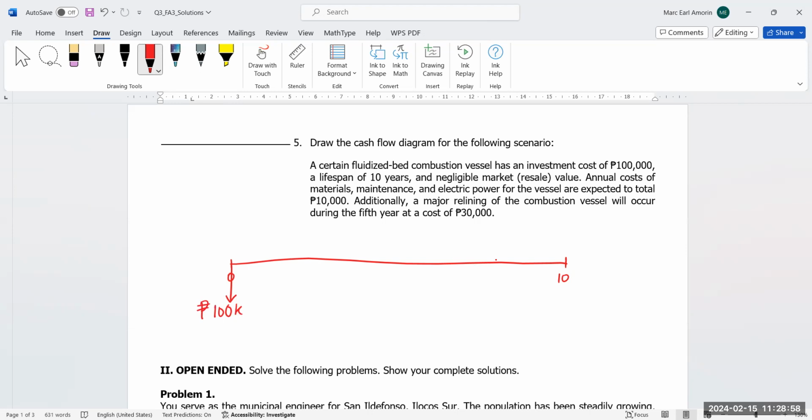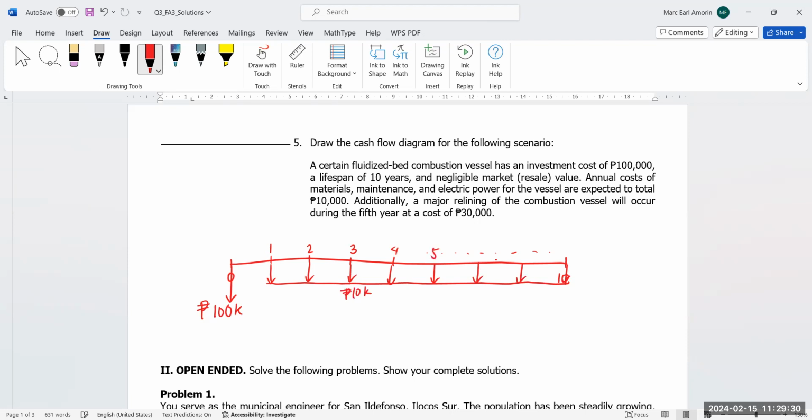Okay, and from year 1 up to year 10, so meron tayong annual cost na 10,000 pesos. Okay, so let me draw the arrows. So this is 10K.